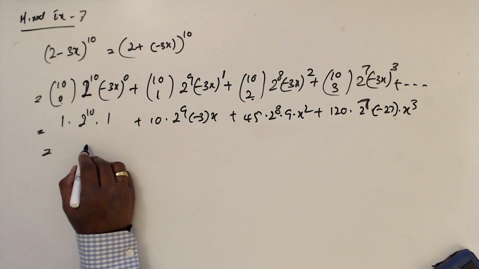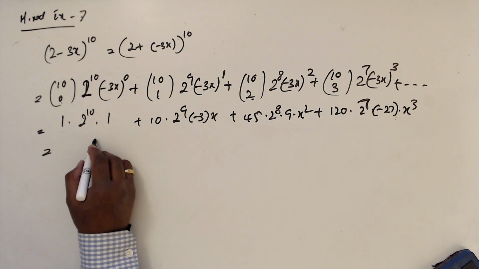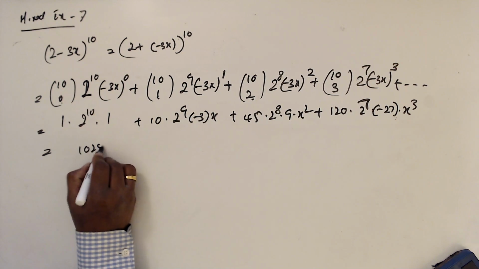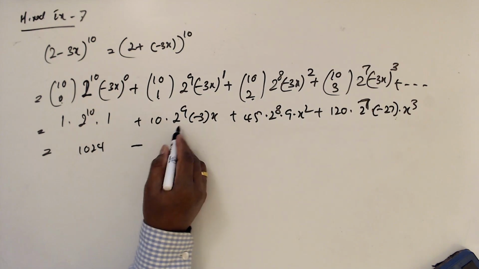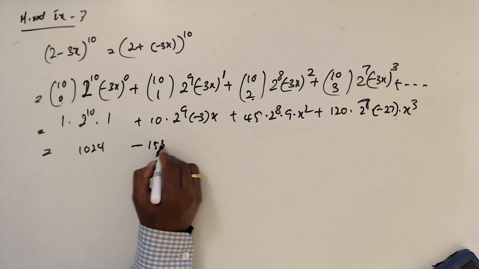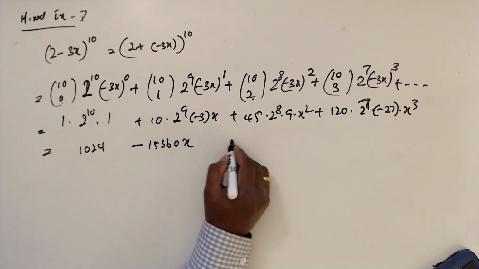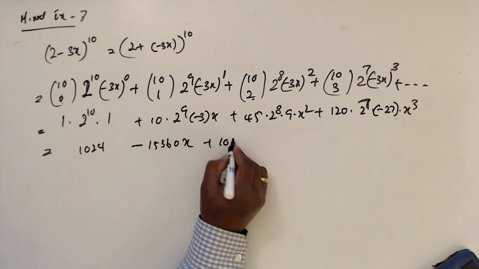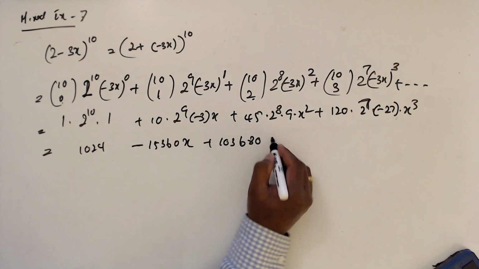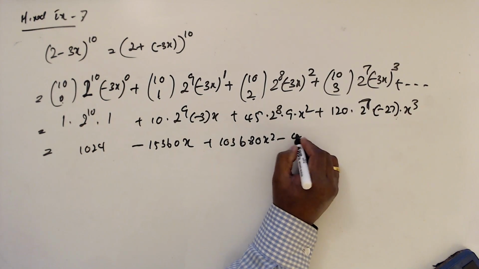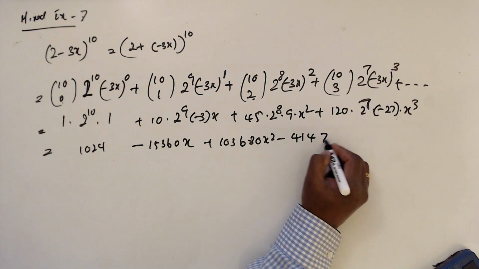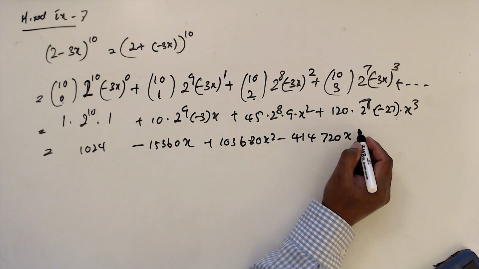This is going to be 1024, this is going to be minus 15360x plus 103680x squared minus 414720x cubed.